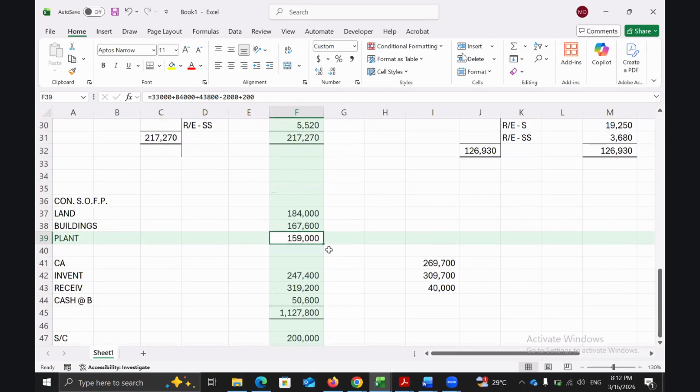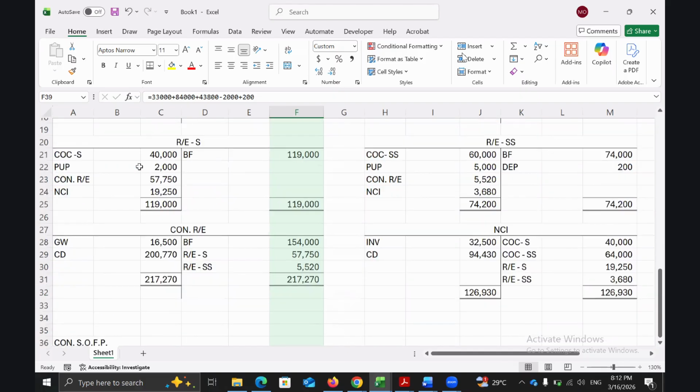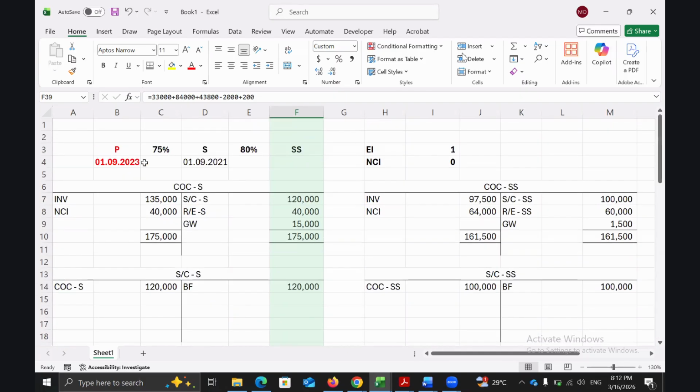Okay children, did you understand these adjustments? First we focused on the acquisition by the parent after the subsidiary was acquired.